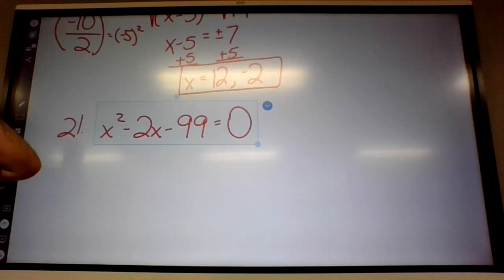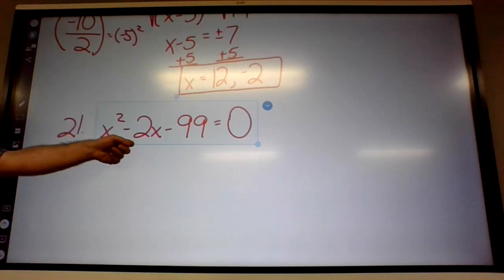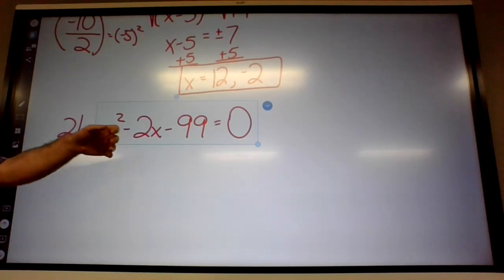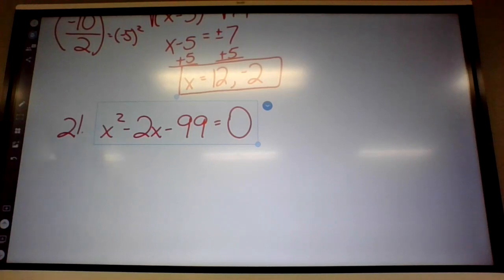What goes into 99? 9 and 11. And would that add up to negative 2? Yeah. So this actually does, these all do factor. If the answers come out normal, like they will, they do factor. I don't want you to factor though, you do need to practice this. Completing the square works not just on factorable problems though, it also works on messy problems.